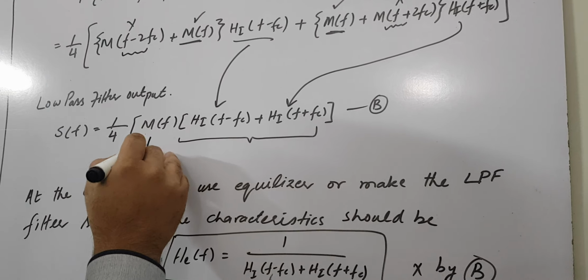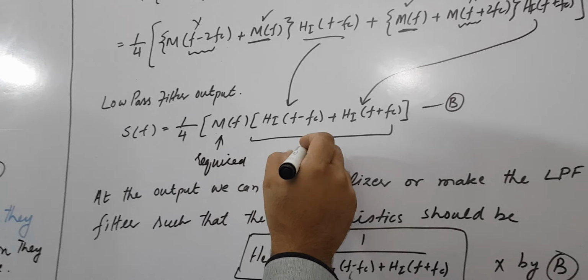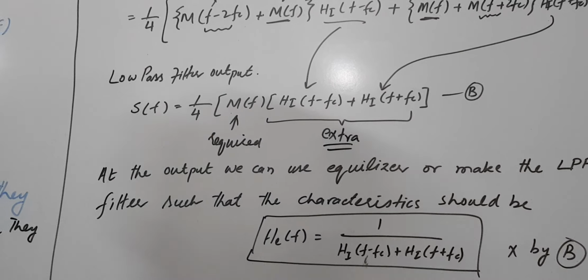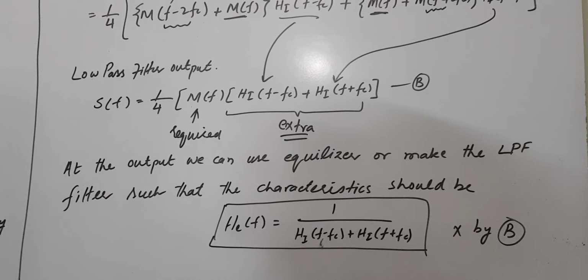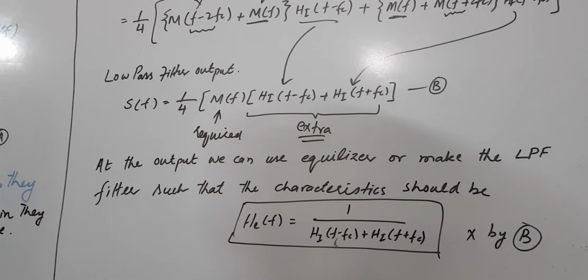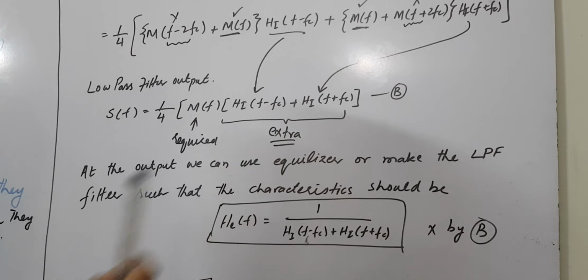So you see, this is the required signal that was transmitted from the transmitter, but this one is an extra part. It can be removed either by using an equalizer at the output of the low pass filter, or you can design the low pass filter such that this extra part is cancelled.